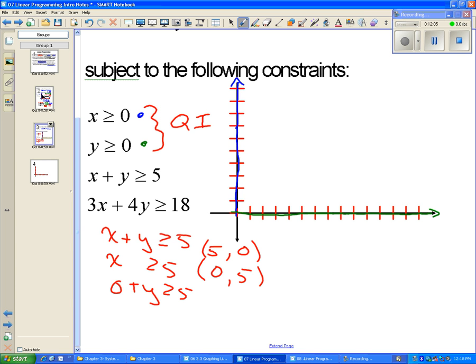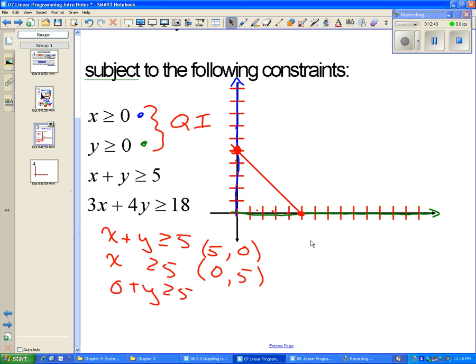So I have the points 5, 0 and 0, 5. This is a red line, so let me choose a red line. Okay, so there's my third line of constraint.